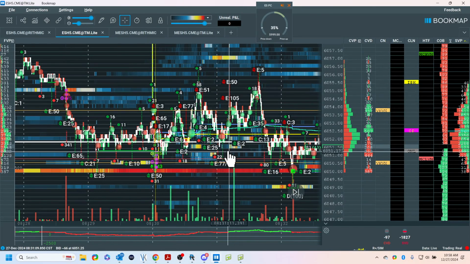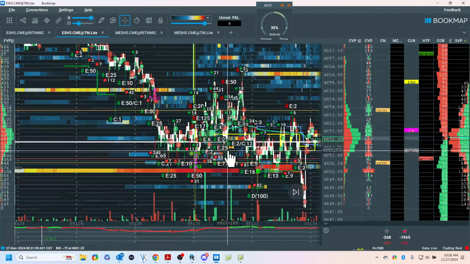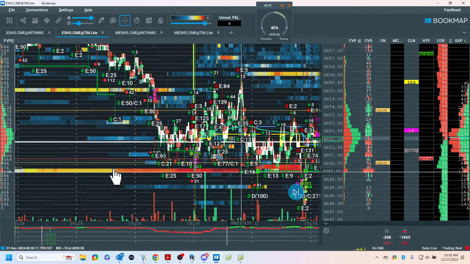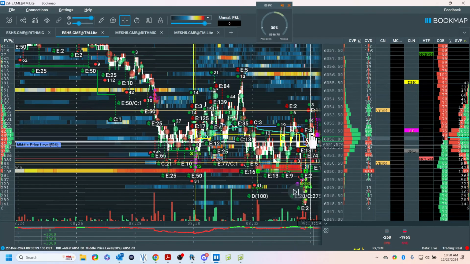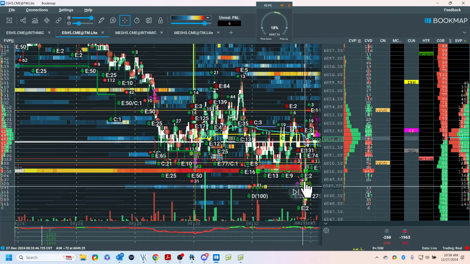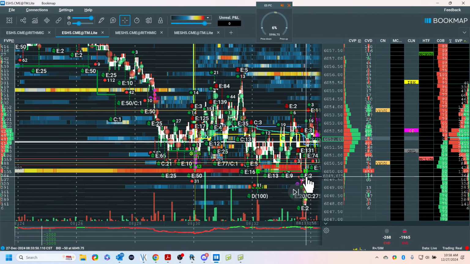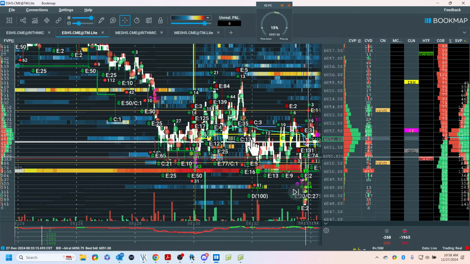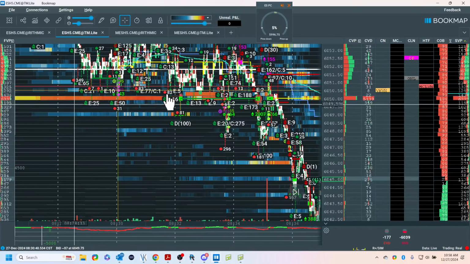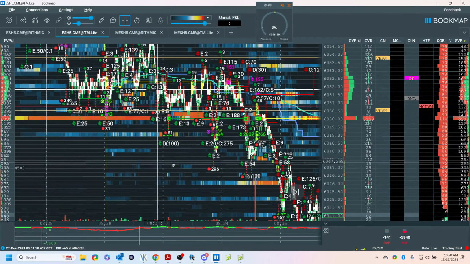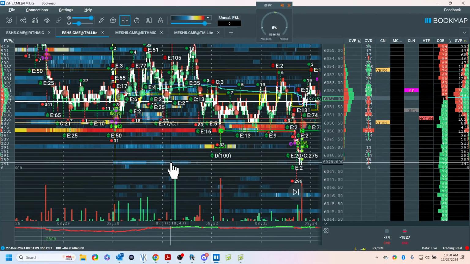So let's just watch. Down here. Now, right here, we had absorption, we got a retracement, and we broke low. Now we have a buy sweep. So we want to be aware of what happens next. Let's just keep an eye on how this thing is working here. So for me, I haven't had any longs today.